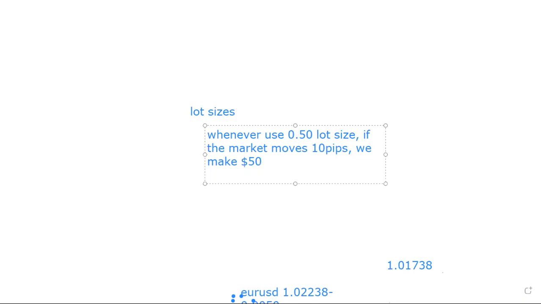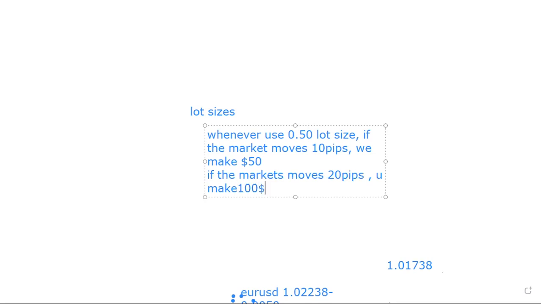Meaning if the market moves 20 pips, 20 is double of 10. So if 10 pips is giving you $50, then 20 will give you how many dollars? 100. Good. You make $100, because 100 is twice of 50.